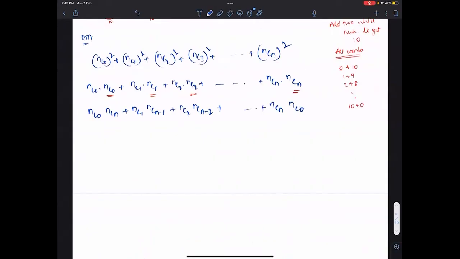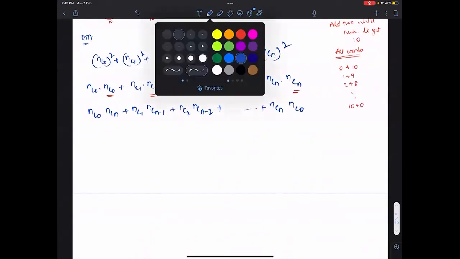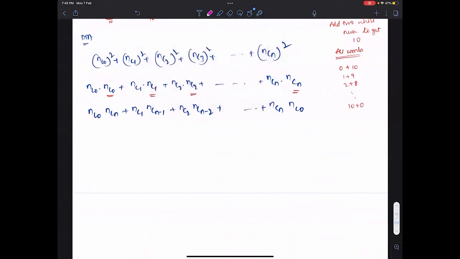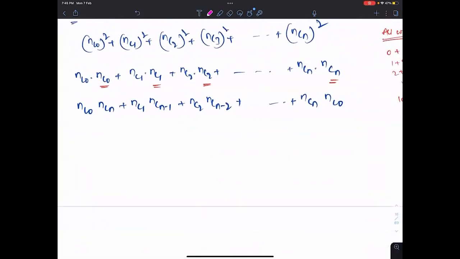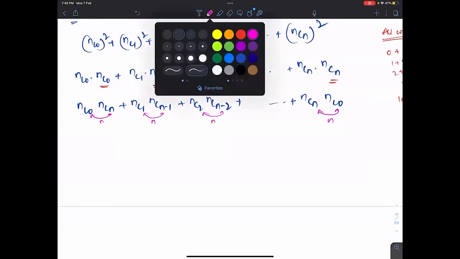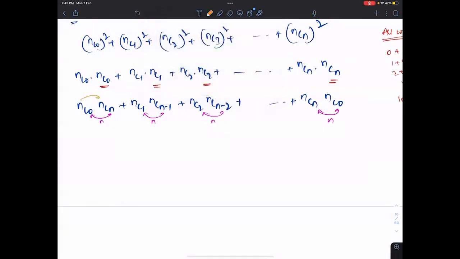Once you use that formula, in each product of binomial coefficients you will observe that the bottom sum is always n. If you add the above ones, how much is it always?